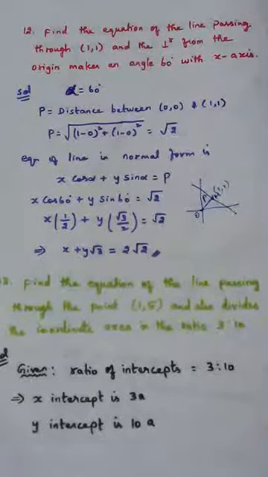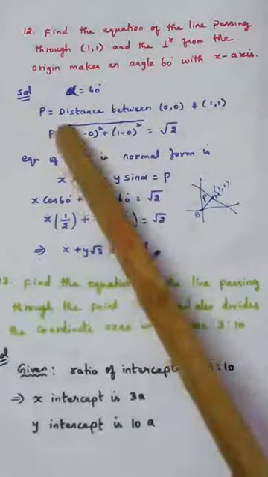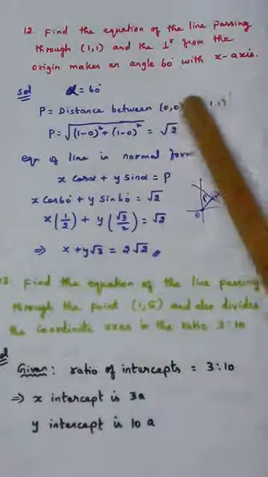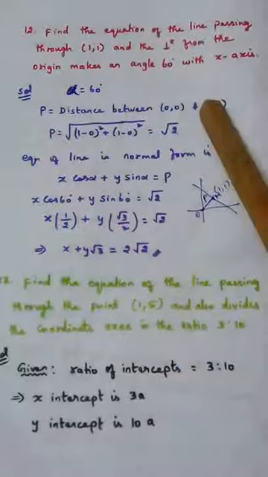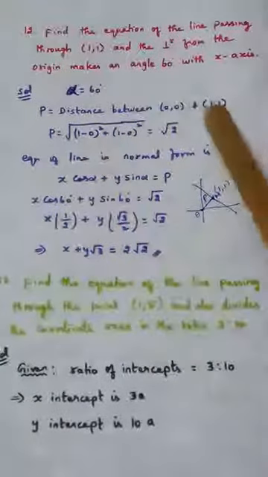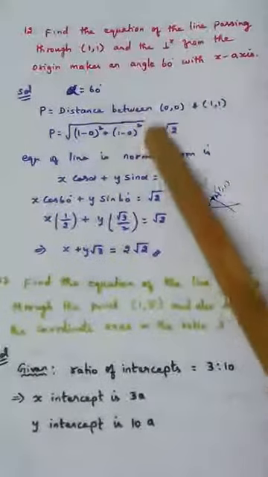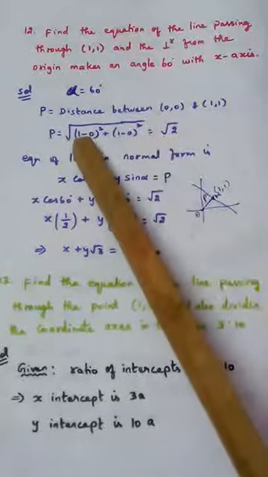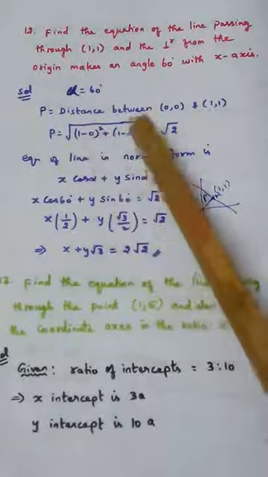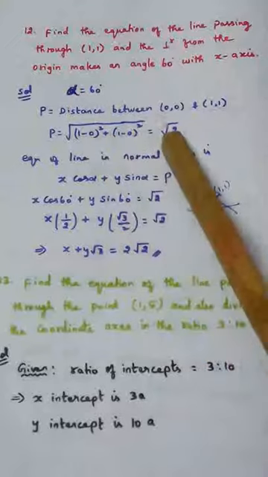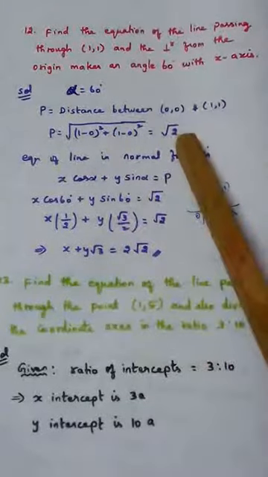So p is equal to the distance between these two points, square root of (x2 minus x1) whole square plus (y2 minus y1) whole square. If I simplify, we get 1 here and 1 here, so root of 1 plus 1, root 2. So the p value is root 2.